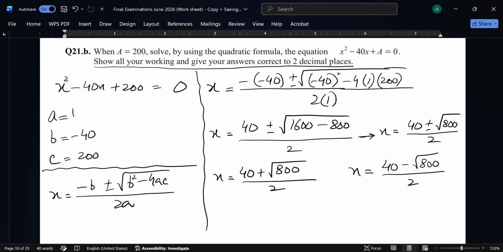I'm solving this for you. Just give me a minute, I'll tell you the answer. What is going to be 40 plus square root 800 divided by 2? That gives me 34.14.